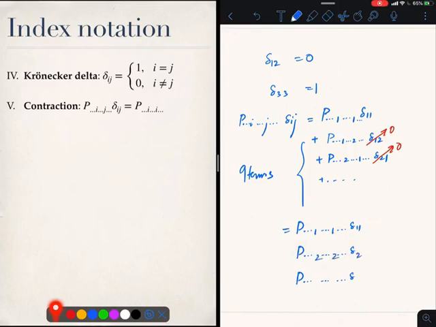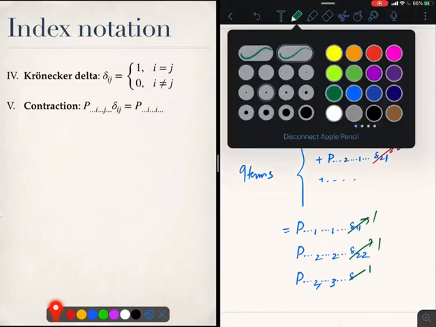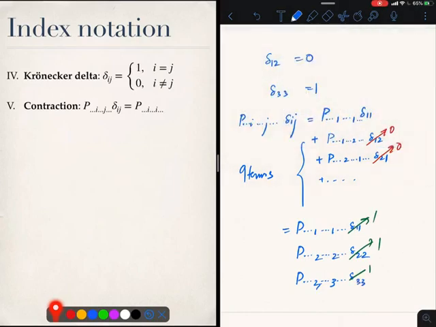So this is all that will survive. Oh, but wait a minute, this thing is 1, right? So all that we will have at the end of this is just this. But this, from our previous expertise with dummy indices, is simply p_ii, and that is what is written over here.